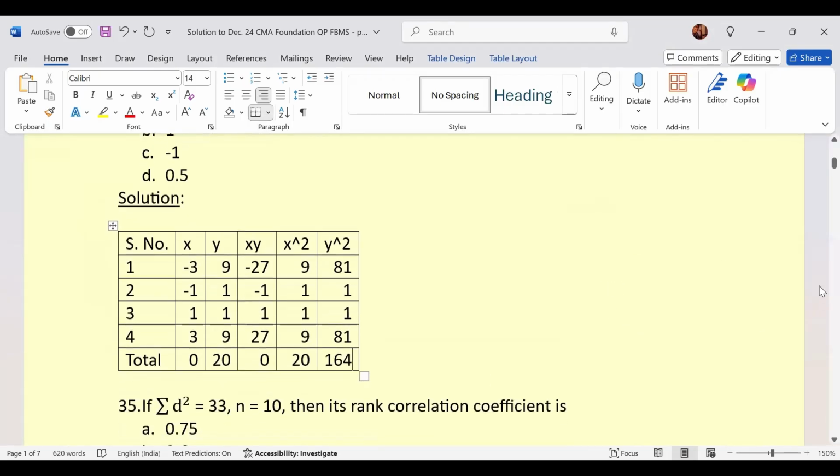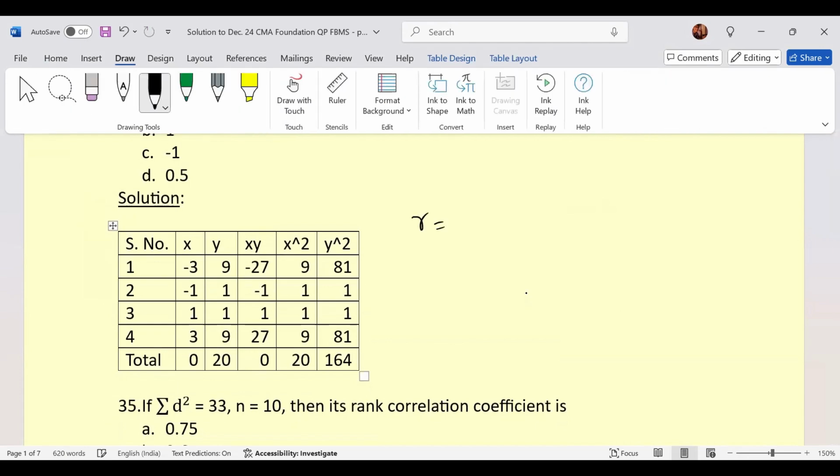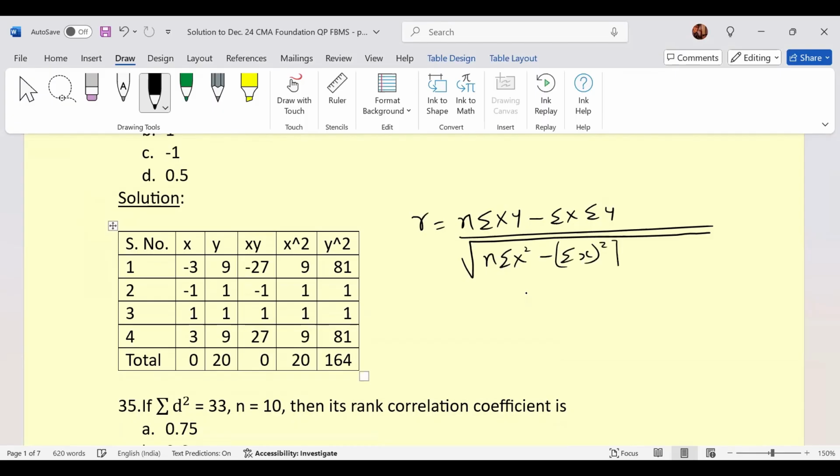Now the formula for this is r is equal to n summation xy minus sum x sum y, whole thing divided by square root of n sum x square minus sum x the whole square multiplied by n sum y square minus sum y the whole square.